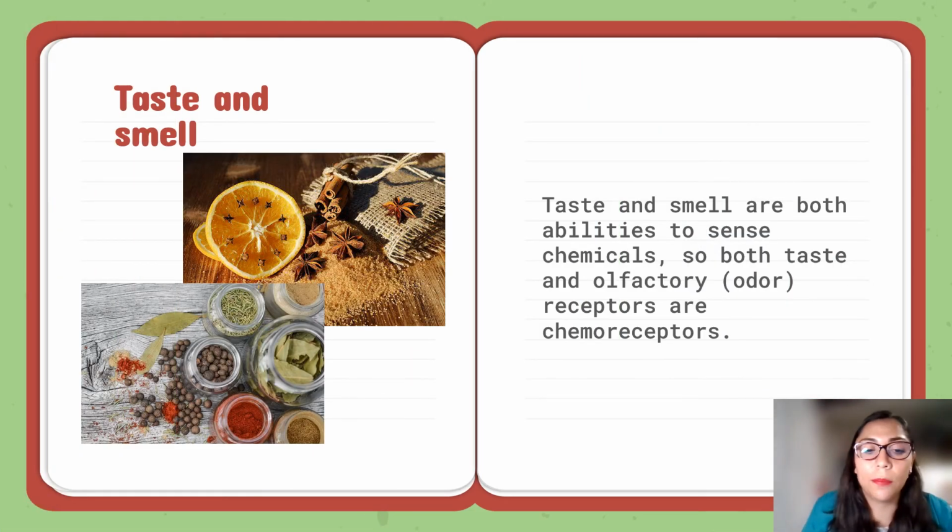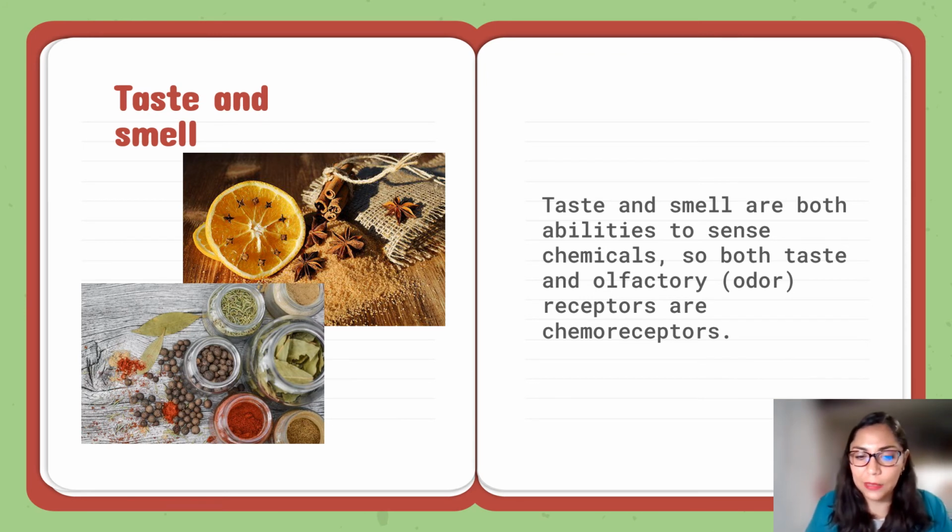Now we're going to talk about taste and smell. Taste and smell are related senses because these two senses have chemoreceptors. Taste and smell have the ability to sense chemicals.